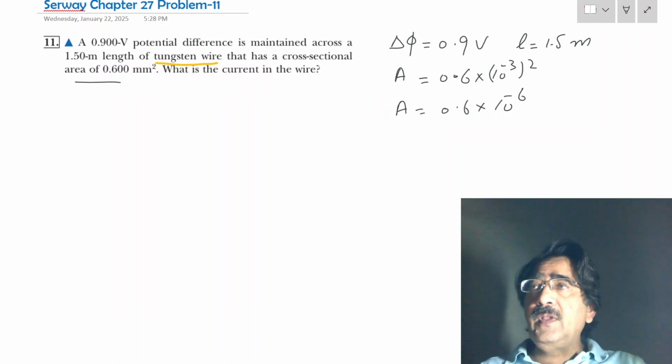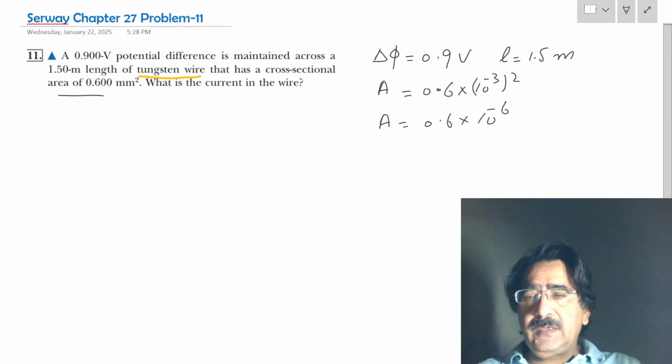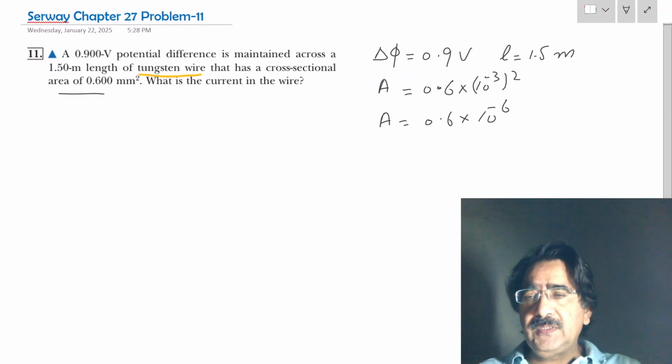Okay, what is the current in the wire? The potential difference is given.